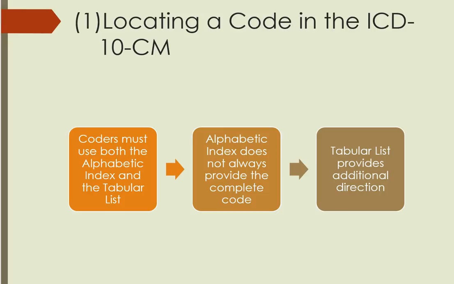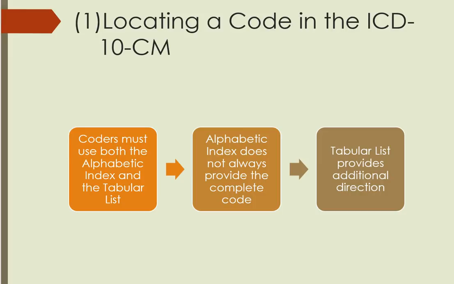The reason that we must utilize the alphabetical index and the tabular list is because the alphabetical index doesn't provide you with everything you need to have the most specific code.